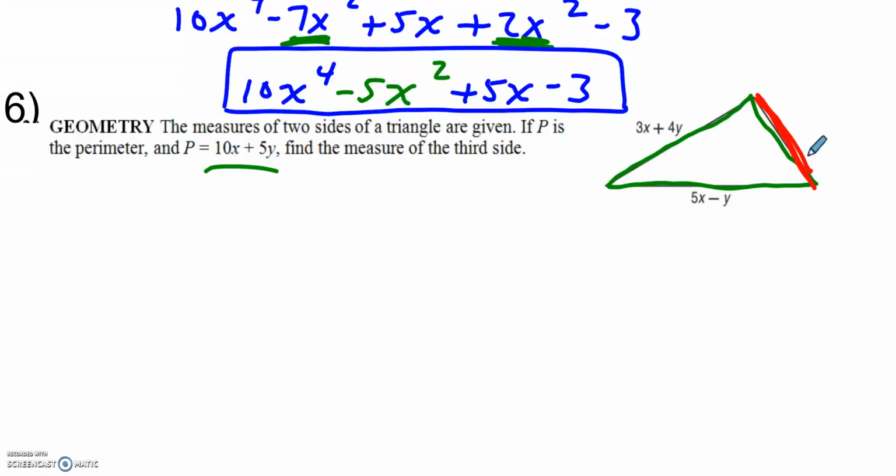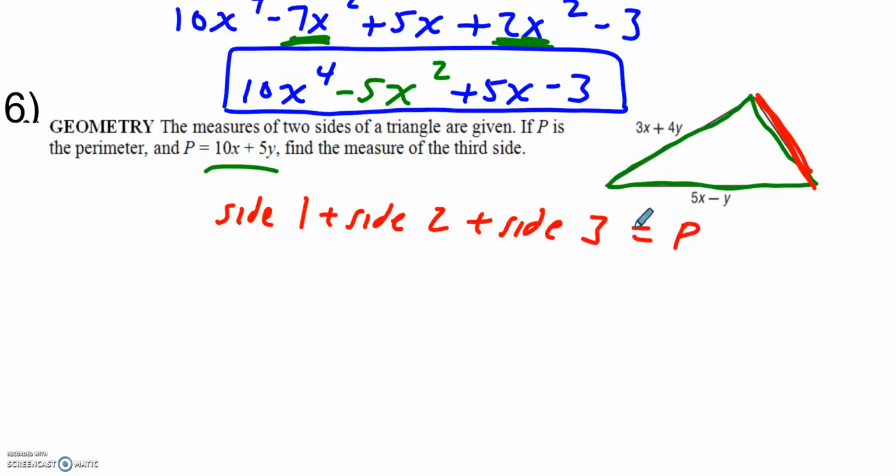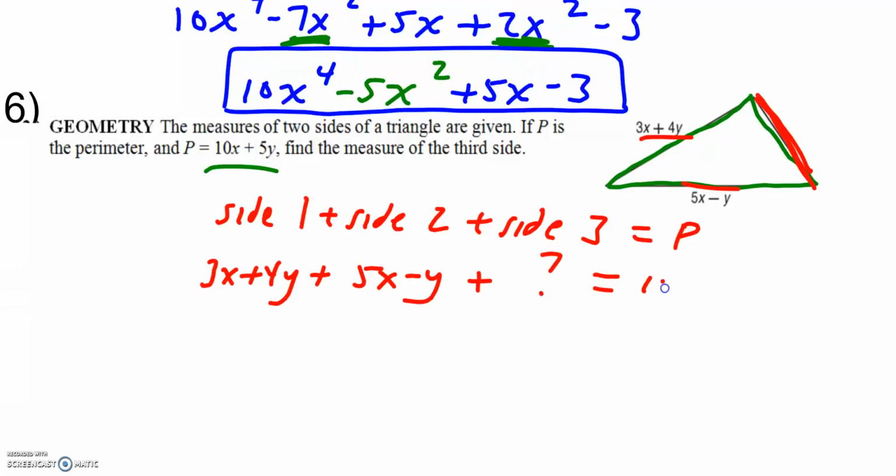So what we already do know is that perimeter represents side 1 plus side 2 plus side 3 equals the perimeter. So we already know what side 1 and side 2 are. So this would be 3x plus 4y plus 5x minus y plus I don't know equals the 10x plus 5y.